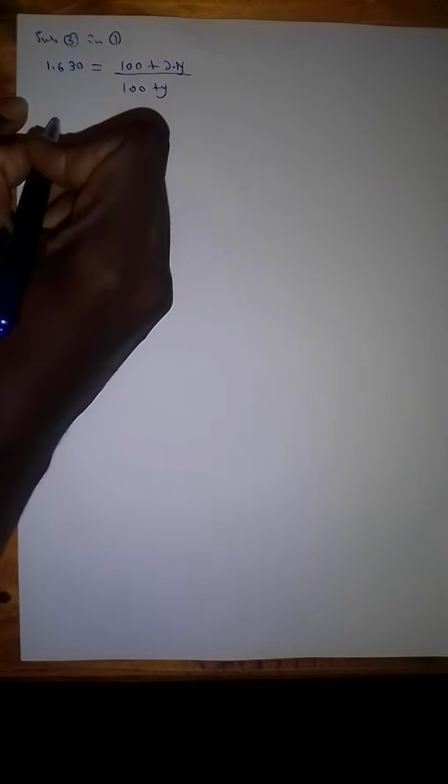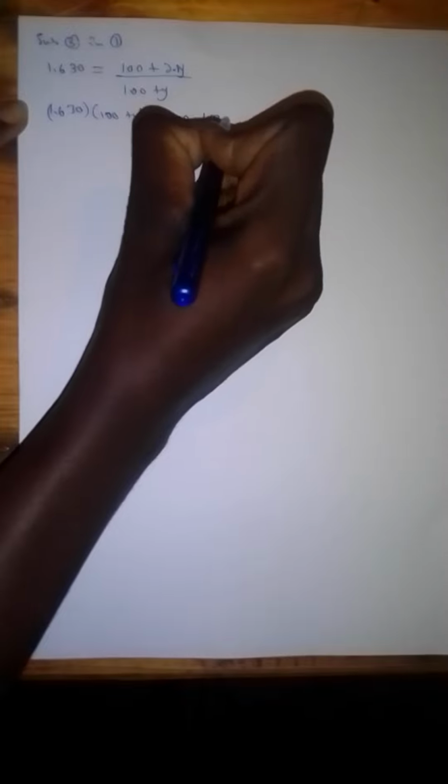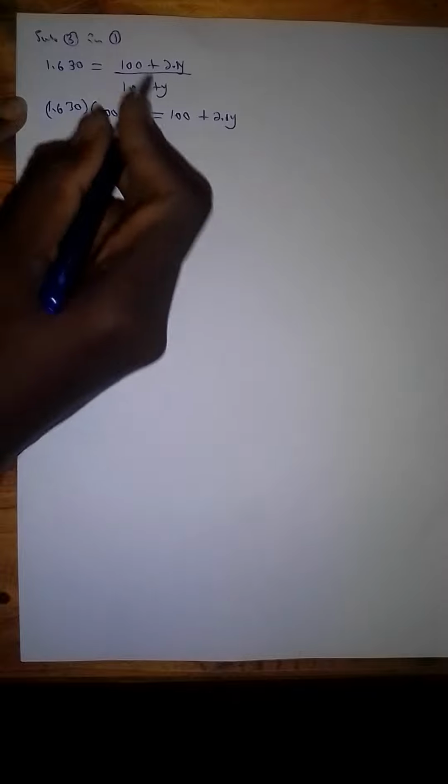If you simplify it, I just multiplied through by the denominator, and on this side it cancelled, on this side it multiplied.